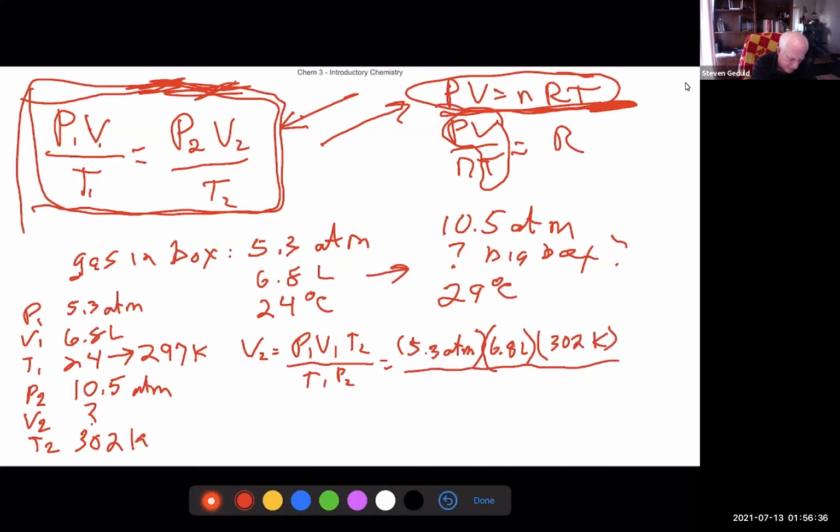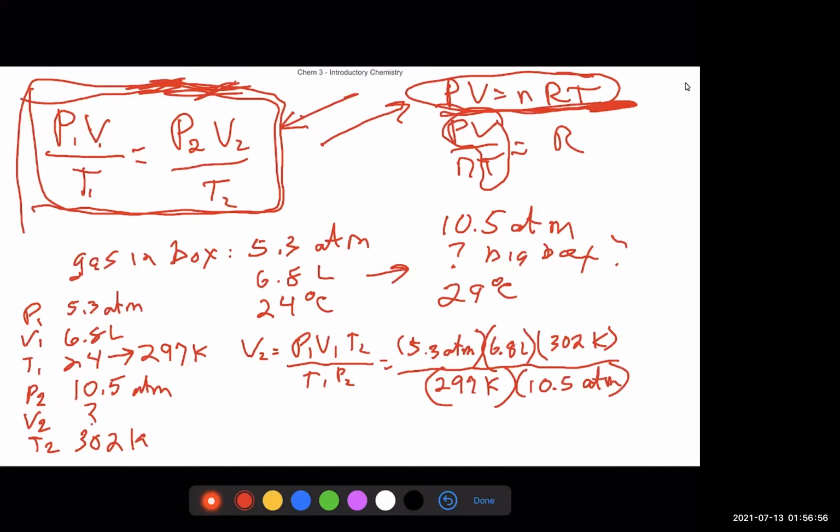Divided by T1, which is 297 Kelvin, and P2, which is 10.5 atmospheres. Okay, everybody see where the numbers came from? Yeah. Okay, and we just plug it into the calculator then.